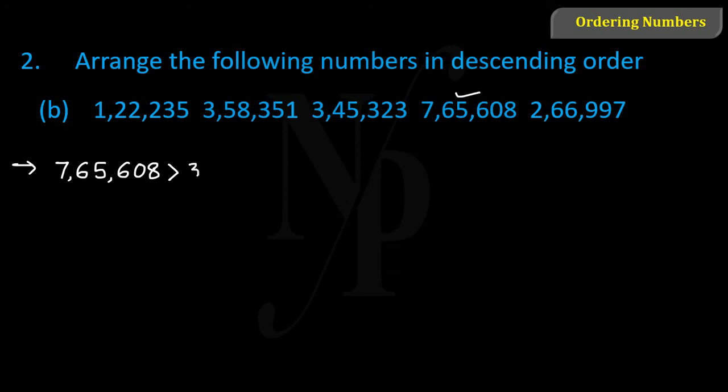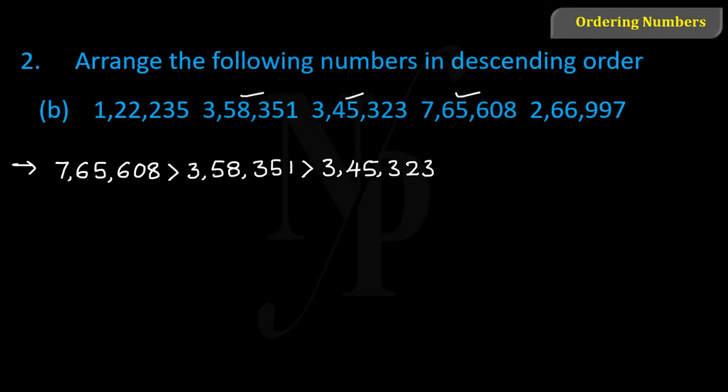I will write 3,58,351, and then I will write 3,45,323, the next greatest number, greater than 3,45,323. We had written these numbers also.